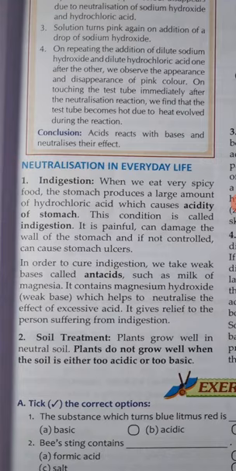If the soil becomes acidic, then the productivity of the soil decreases. That means the production of the crop decreases. Then what farmers have to do is apply lime to their agricultural field or soil. Lime is a basic substance.